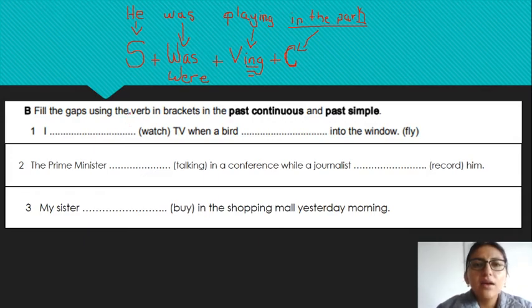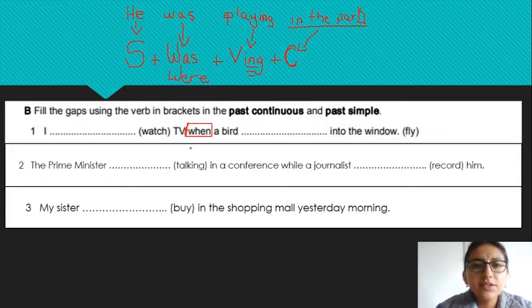Okay? But when you are working with past continuous, you have some uses of past continuous. For example, the use number 1, we have the relative clause when. Okay?